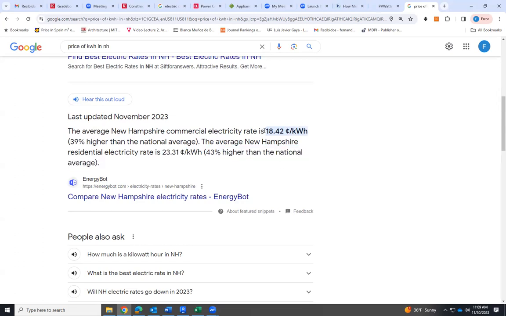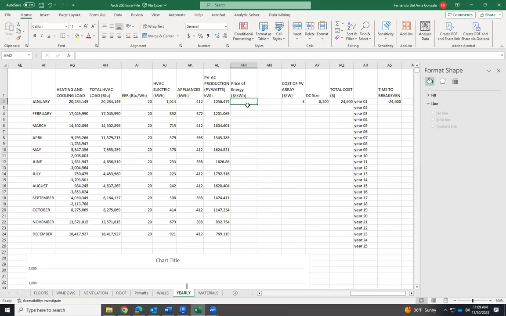So let's use either this or that, depends. Let's use around 20 cents per kilowatt hour. So if the price of energy is 20 cents, $0.2 per kilowatt hour, and here we have the kilowatt hours.